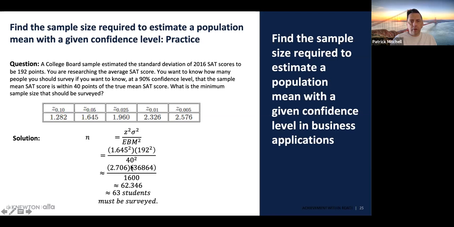So if you crunch those numbers, you get the minimum value of n is 62.346. You may want to round that to 62 because that's what you normally do when your next digit is a 3. Forget about that. Always round it up. Okay. If you need at least 62.3 students, then you really need at least 63 students. And that's the end of confidence intervals with population mean known.